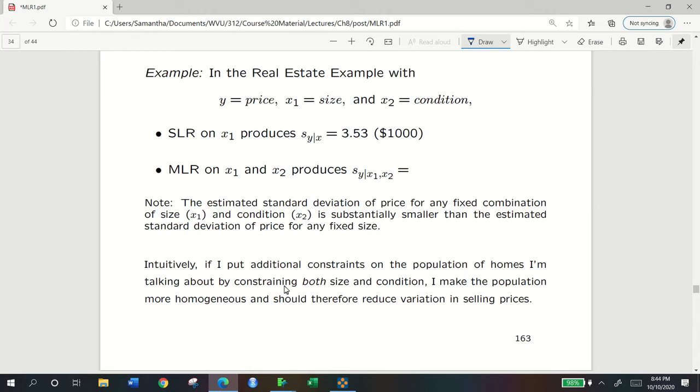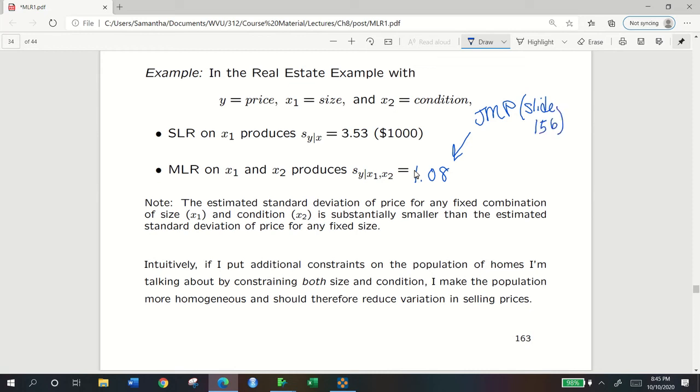And for the multilinear regression on our two predictors, we produced a sample standard deviation of 1.08. And again, this comes directly from JMP. Specifically, I got this on slide 156.